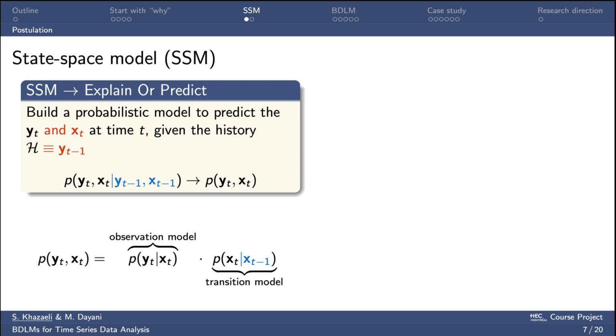A quick side note: like in machine learning, roughly you can decompose an unsupervised learning into a series of supervised and unsupervised learnings. Building the joint probability between the observation and the hidden state variables is an unsupervised learning. As you can see, the unsupervised learning here is decomposed into the observation model, which is a supervised learning, and another supervised learning, which is the transition model.